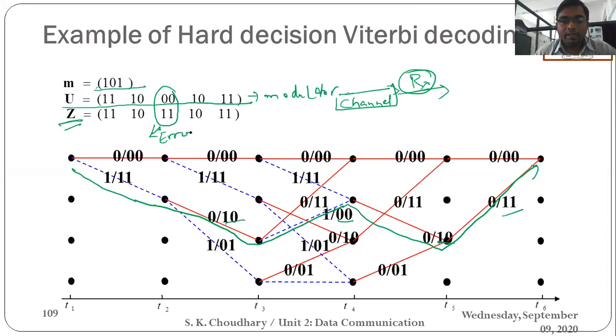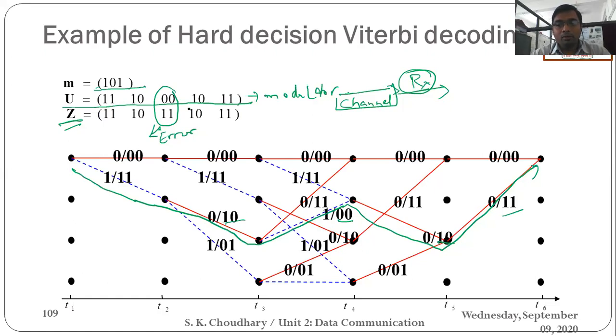Okay, so here I am teaching you in this way, so it is very simple to detect the error, but actually at the receiver end of the system, you would not know what Z is and what U is. You do not know anything about U at the receiving end. So whatever Z you receive, you find that it is okay and true. If you do not process it through the demodulator and decoder, and you have not applied the Viterbi algorithm, you would think that it is true, but actually it has some error.